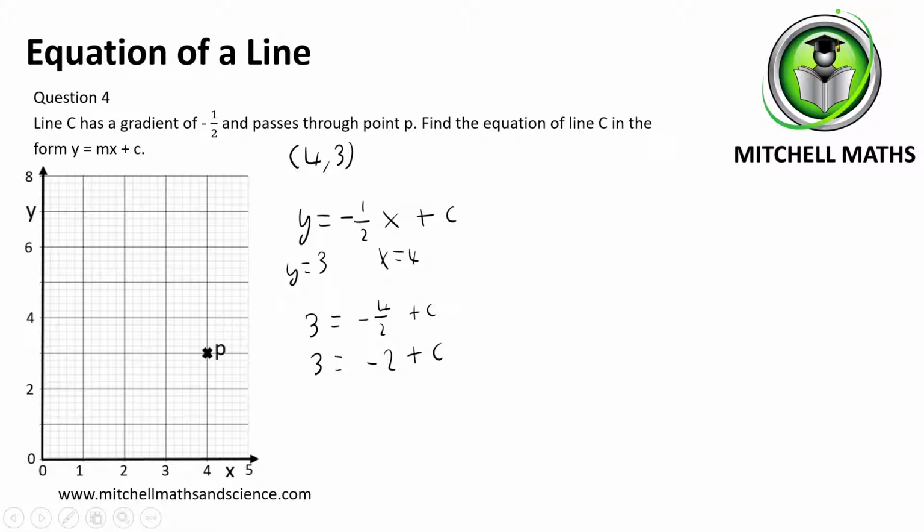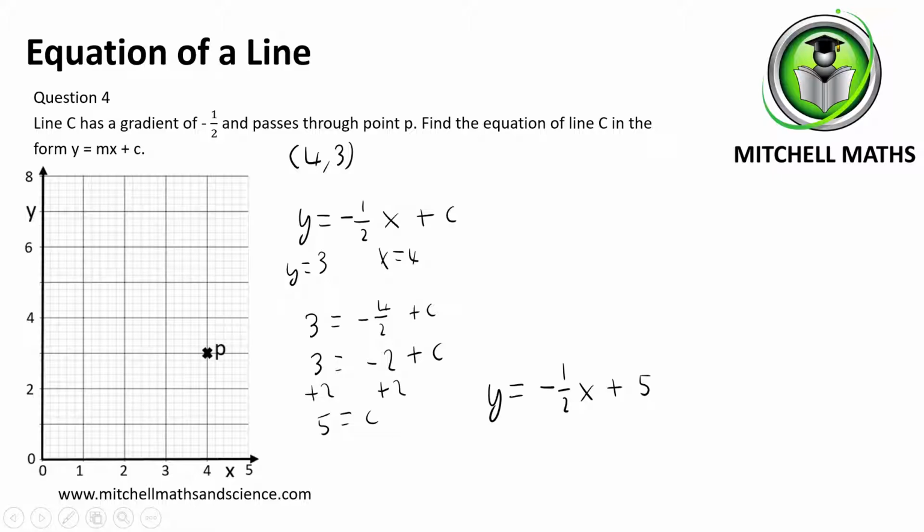All I need to do now is solve it, so I'm going to add 2 to both sides, and that gets me 5. Therefore, my c value is 5. So my answer to the question is y equals minus a half x plus 5.